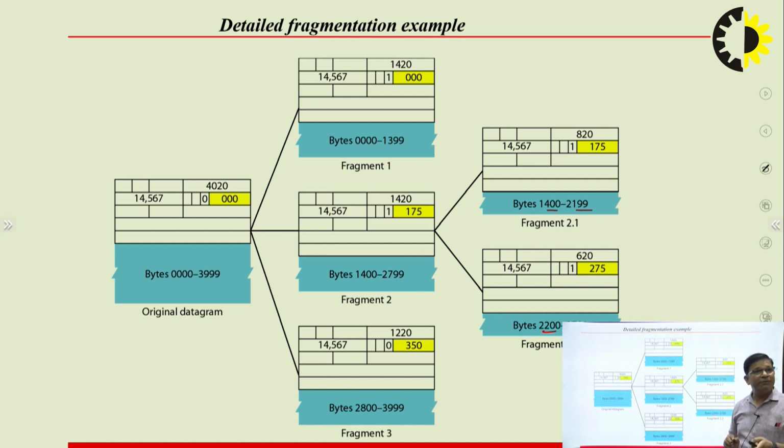What is the fragment offset? 1400 divided by 8 is 175, and 2200 divided by 8 is 275. So this is the offset of the first fragment, this of the second, this of the third, and this of the last fragment.